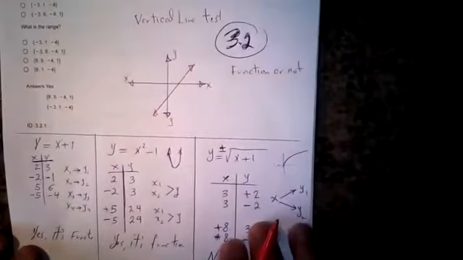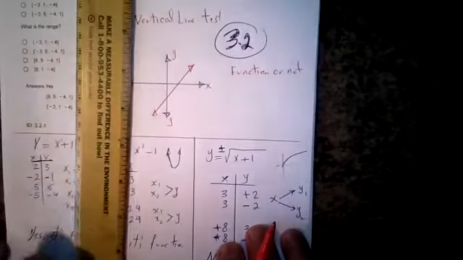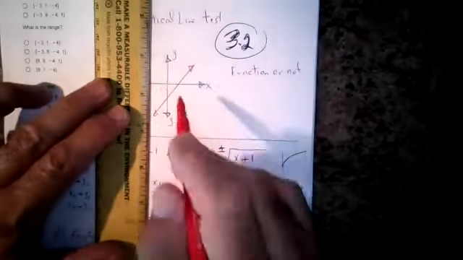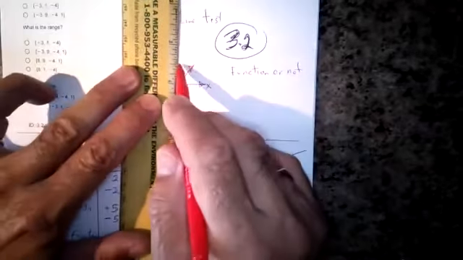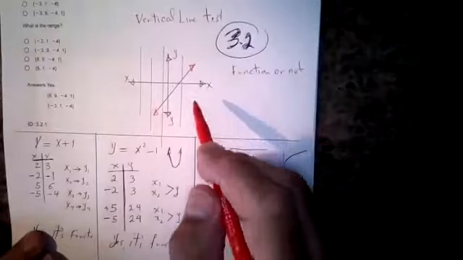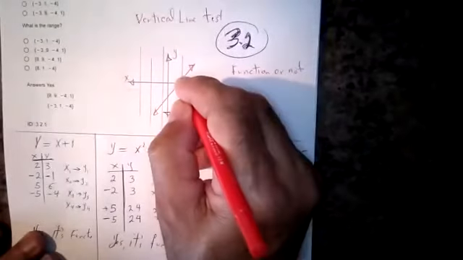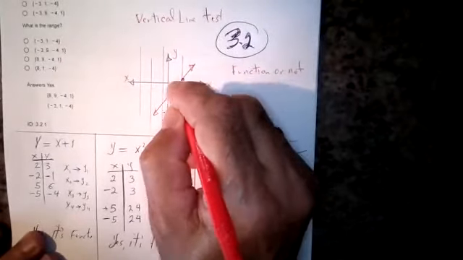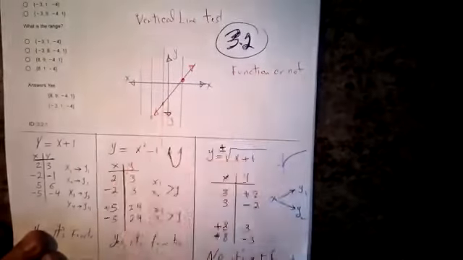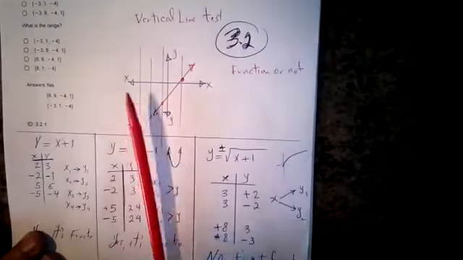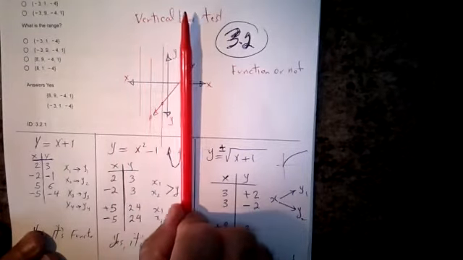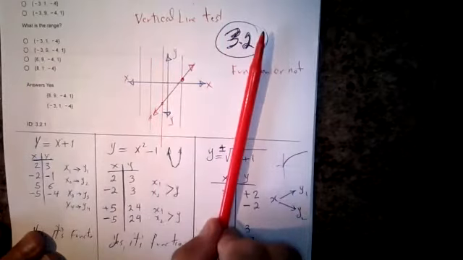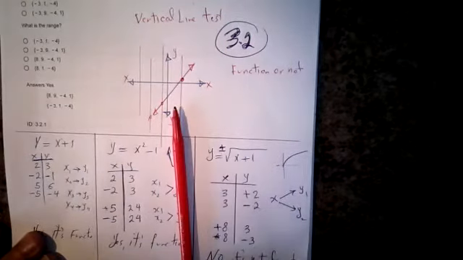What this test does, you bring the straight edge and you move that to the right. If this line intersects the line at only 1 point, then it's a function. See, when you move it from left to right, it crosses your straight line at 1 point only. So it is a function.